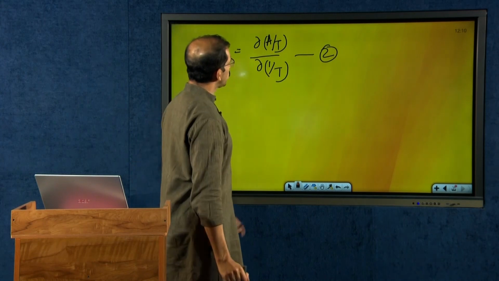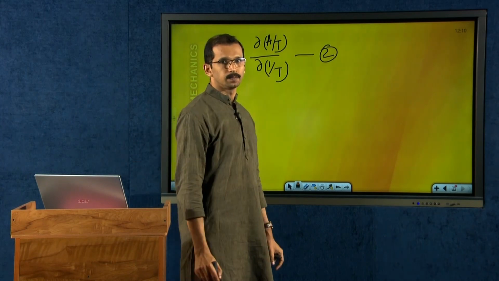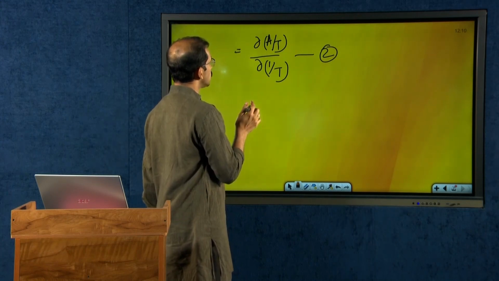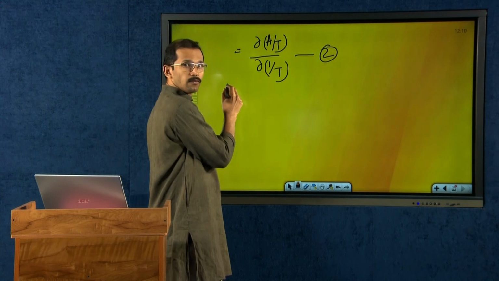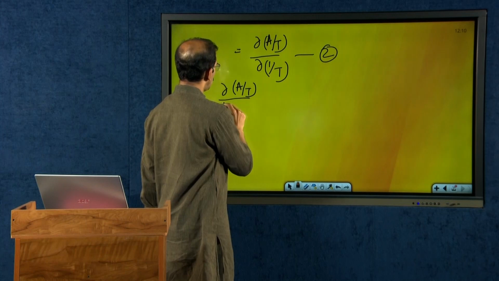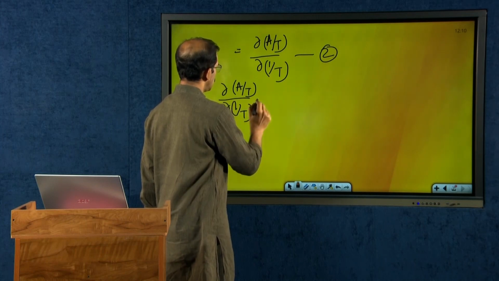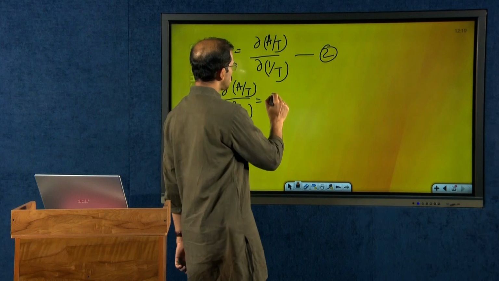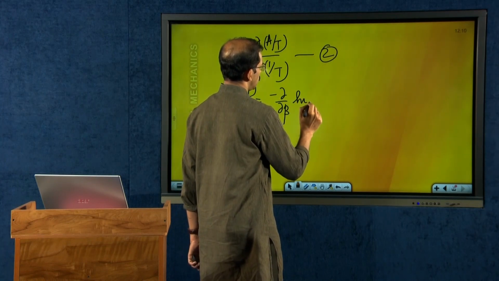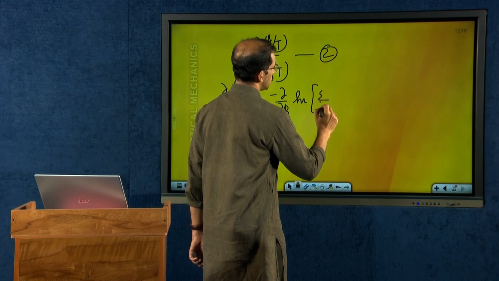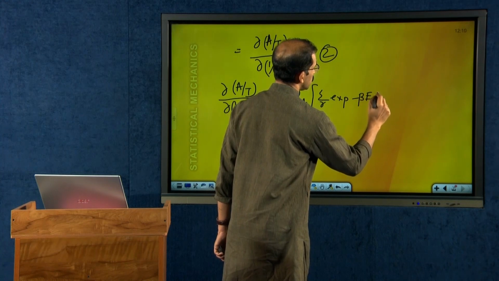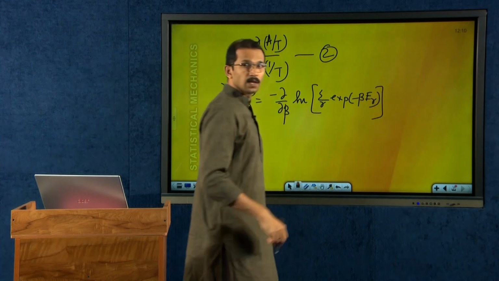So, we will equate equation number 1 and equation number 2. Comparing these equations, I can write dou of A by T by dou of 1 by T is equal to minus dou by dou beta of ln sum over R exponential minus beta E_R, right.